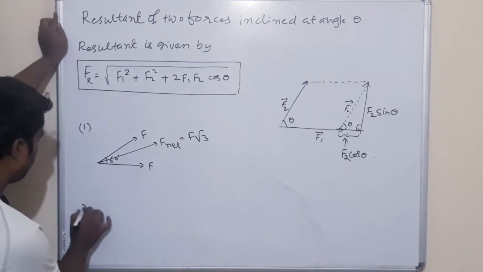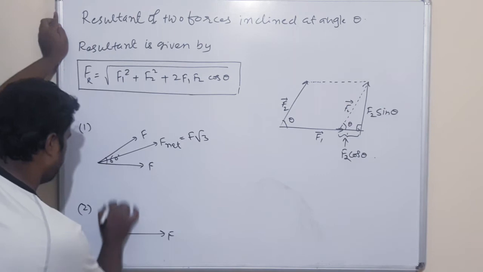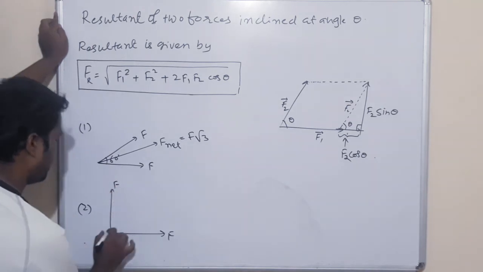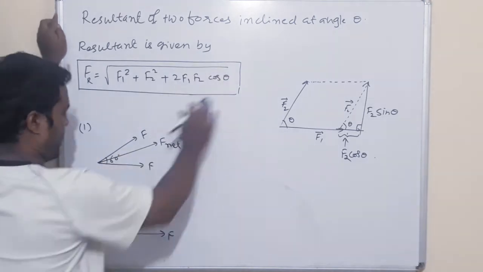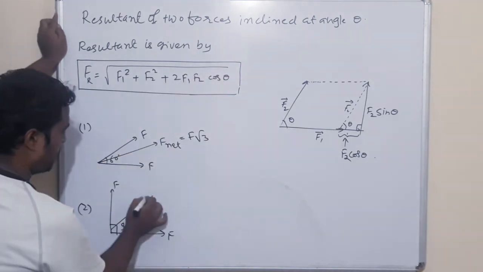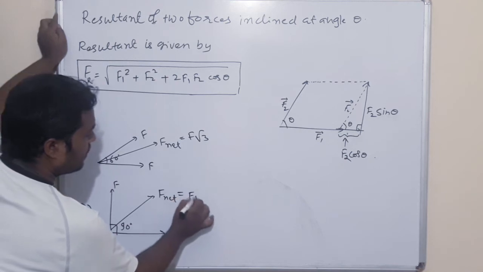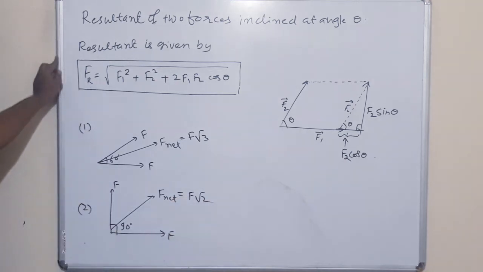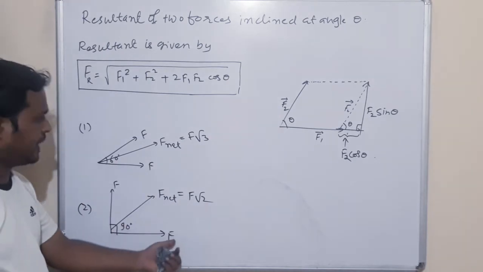If this force is F, this force is F, angle between them is 90 degree, then according to this formula, if both the forces are equal, then what is net force? Net force is F root 2. To write this as F root 2, these must be equal. Okay?